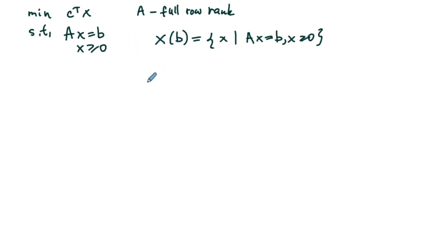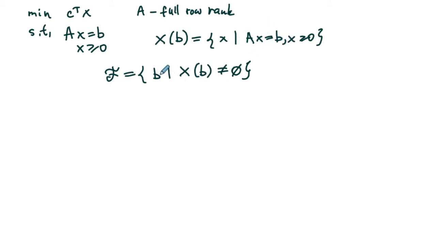We are interested in the situation when our LP is feasible, so let's denote by F the set of b's for which our problem is feasible, meaning that X of b is not empty. And then what is X of b? This is the set of x's such that Ax equals b.